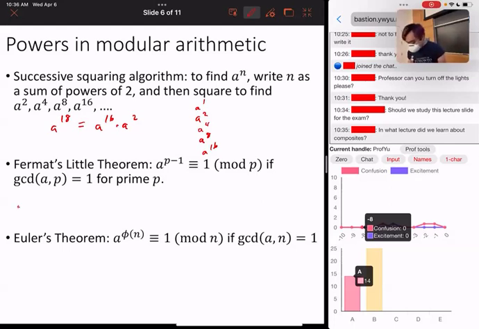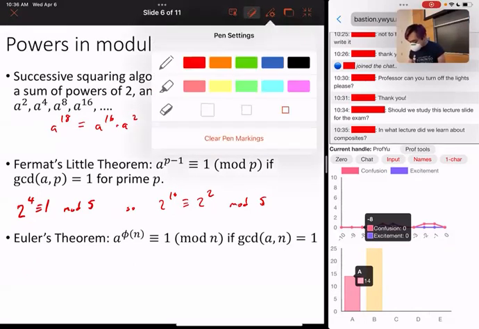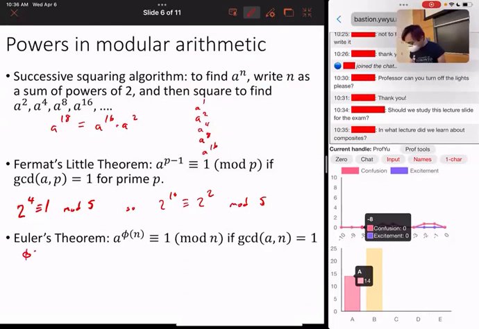Well, we know Fermat's Little theorem says that 2 to the 4th is congruent to 1 mod 5. So that means that 2 to the 10 is congruent to 2 to the 2 mod 5. Okay? And similarly, let me write this out, phi of 15 is equal to 3 times 5 times 1 minus 1/3 times 1 minus 1/5, which is equal to 8.